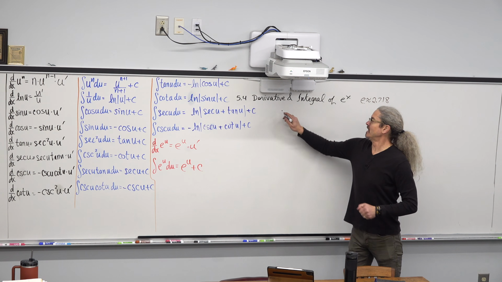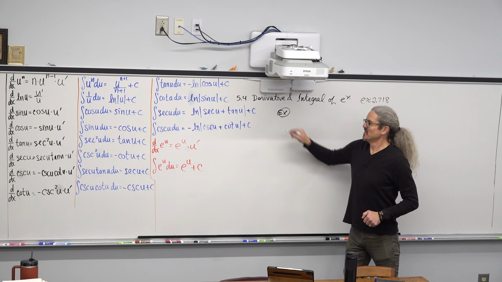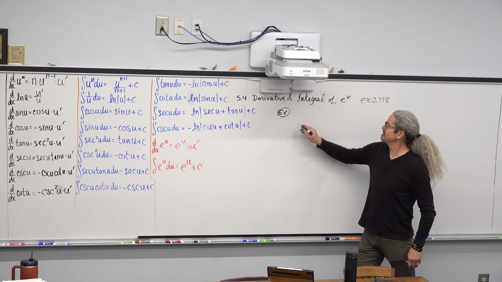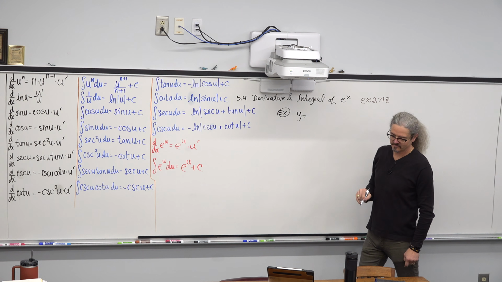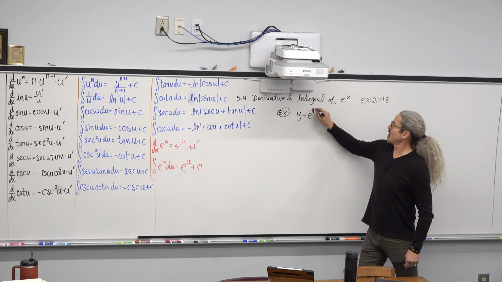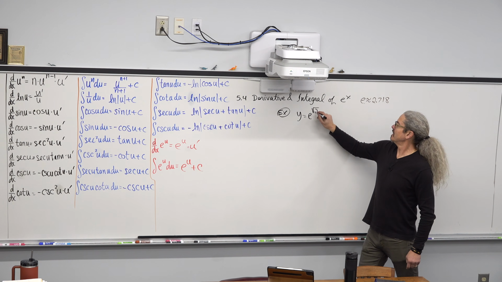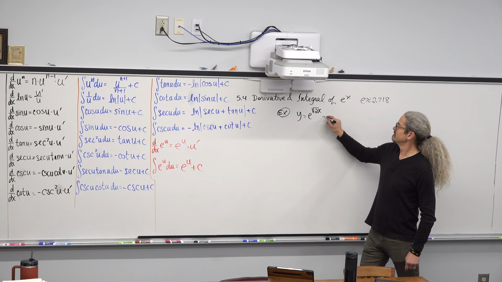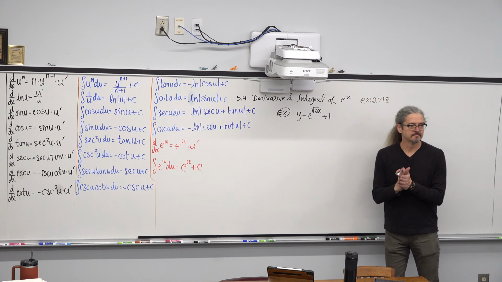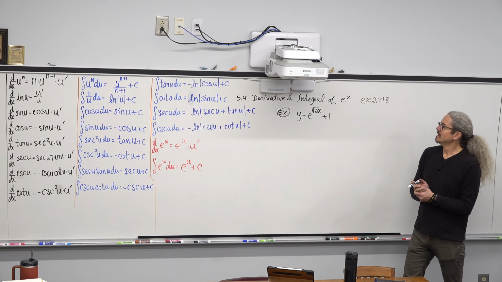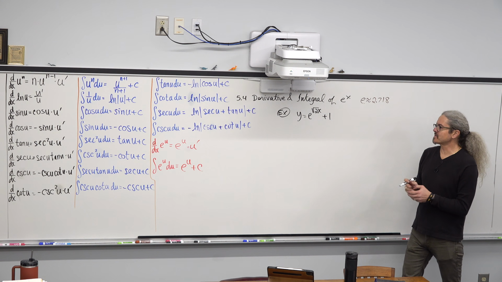For example number 1, we have y is equal to e to the square root of 2x plus 1. Now, whether you do this on the side is up to you.